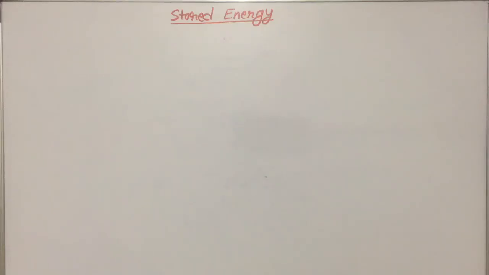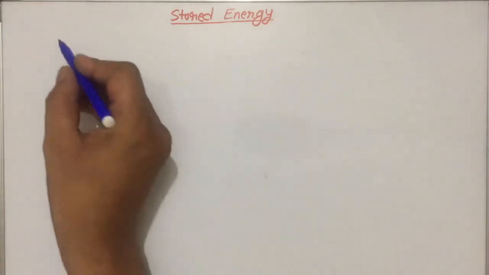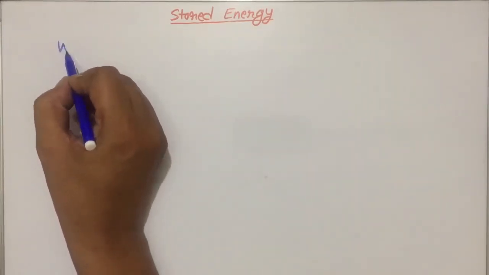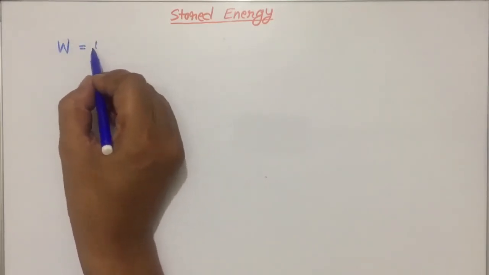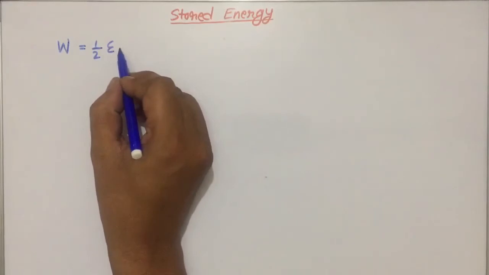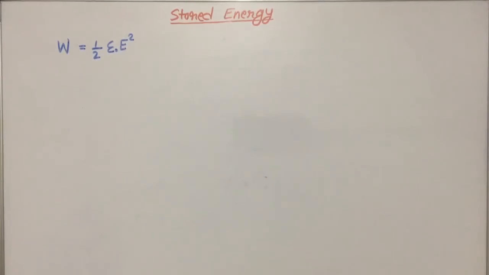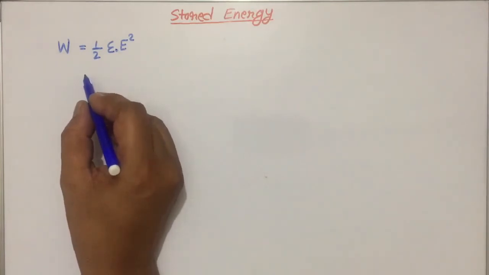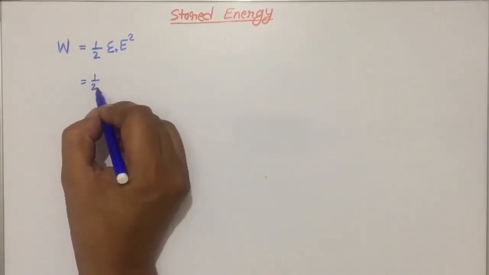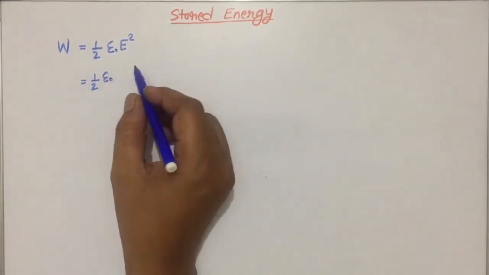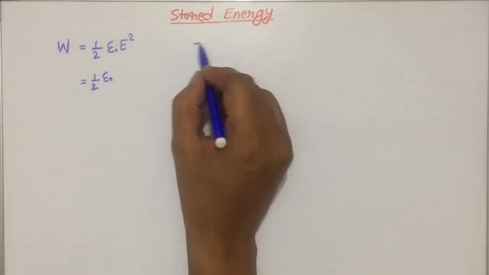Now let us discuss the energy stored in the capacitor, the capacity of the capacitor to store energy. For that purpose, we know that energy density can be written as half epsilon E square. This is the energy density, energy per unit volume, and for a capacitor like this it can be written as half epsilon naught E square.